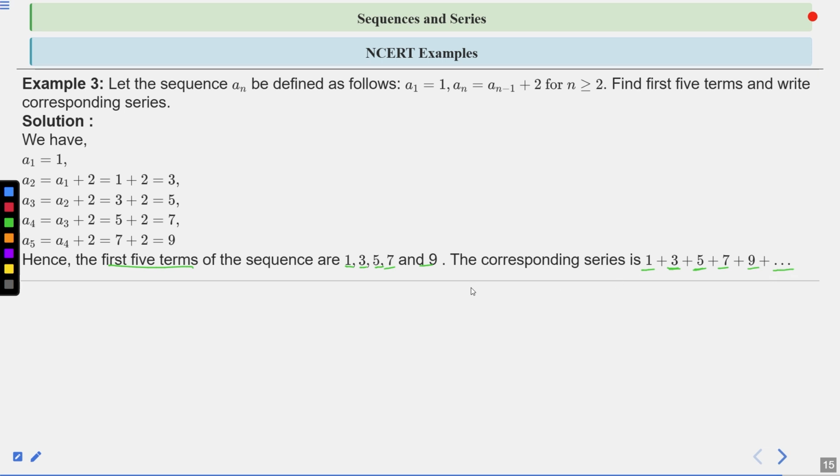Yes, as we have an infinite sequence. As n is greater than or equal to 2, you just plug in n and you will get your successive terms. So this is your infinite sequence.